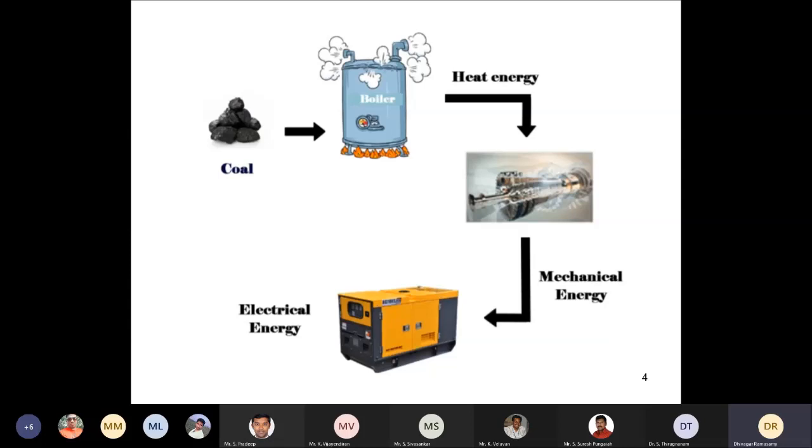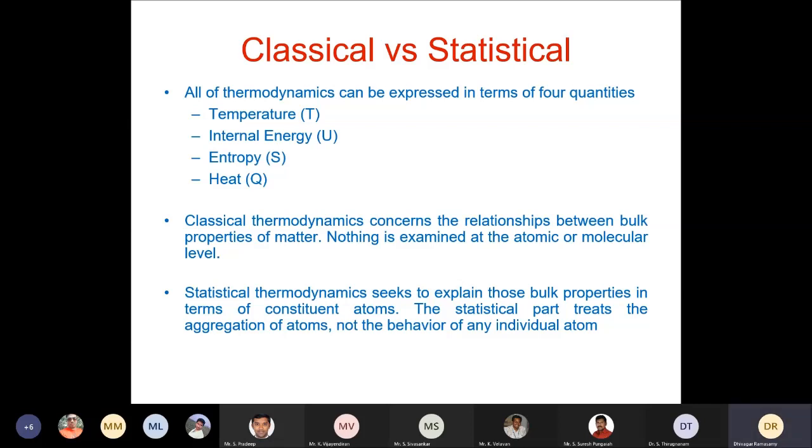So this is how energy is transferred from one form to another form. These are all also studied in engineering thermodynamics. Before learning about thermodynamics, we should know the important parameters to be considered for solving the equations: temperature, energy available within the system, entropy, and heat.